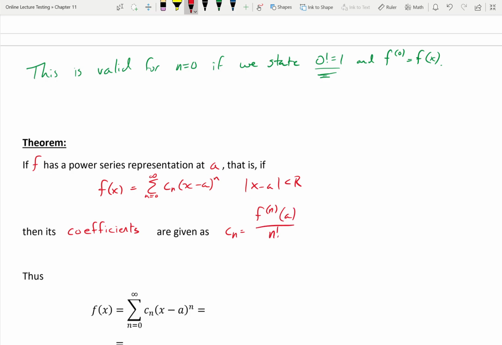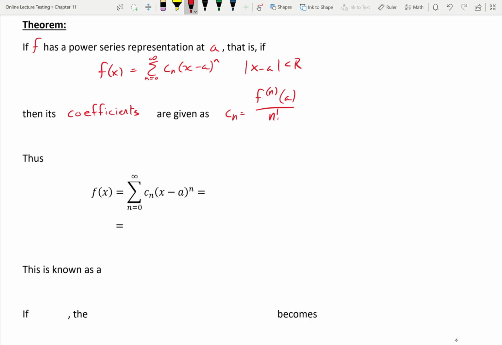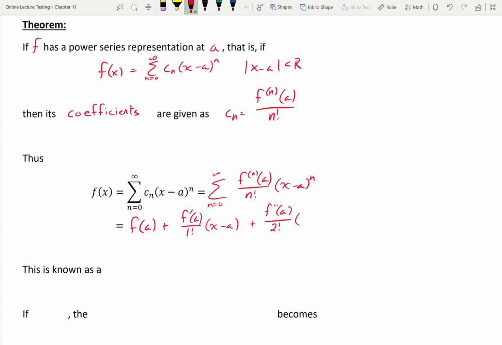So this is just what we have proven. Thus, f of x is equal to this power series, which we can then rewrite as the sum of f to the nth derivative evaluated at a, all divided by n factorial, times (x minus a) to the n. And how its terms would look like is f of a plus f prime of a over 1 factorial, (x minus a), plus f double prime of a divided by 2 factorial, (x minus a) quantity squared, and it's going to continue that pattern.